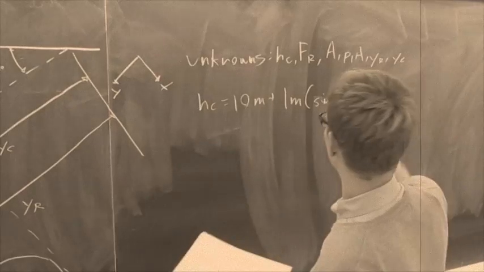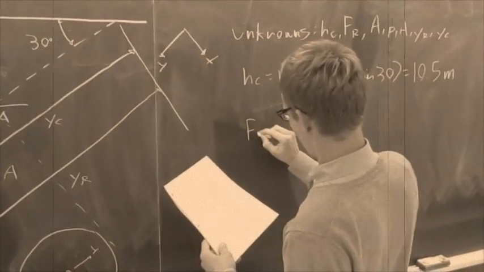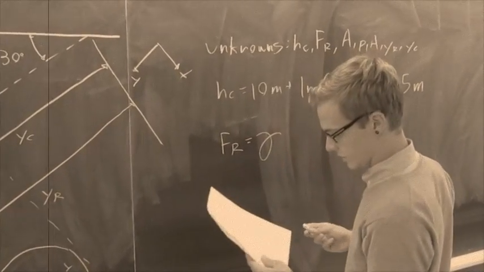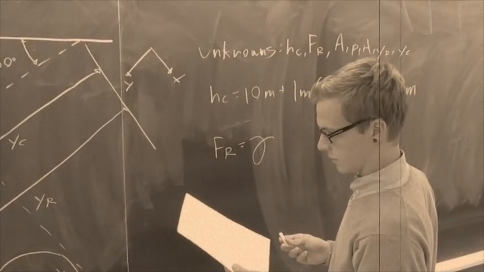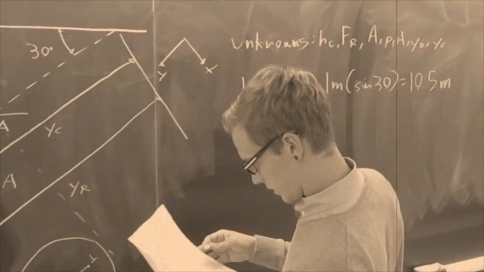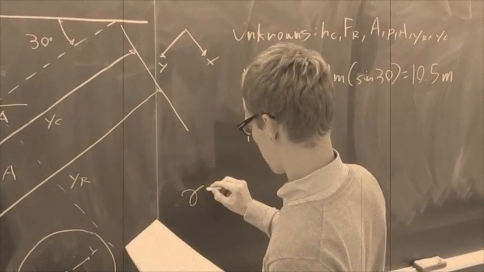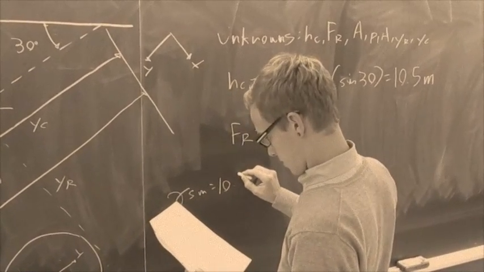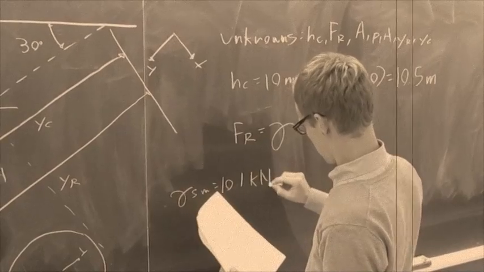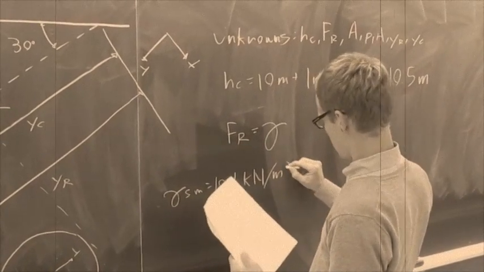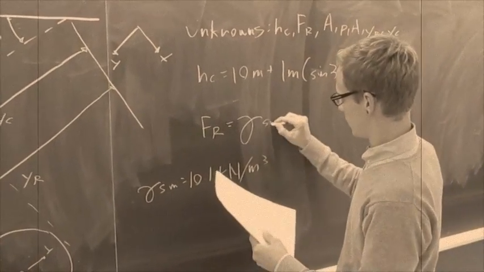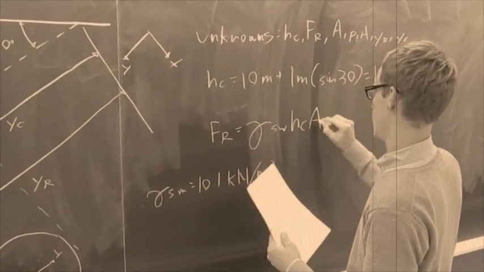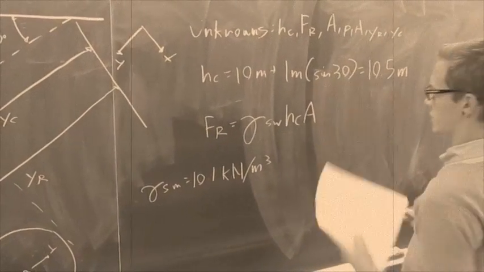From there, we'll move on to Fr. Fr equals the specific weight of seawater, which, if you get from the book, is kilonewtons per meter cubed. So gamma seawater times Hc times A. So also solve for A in here.